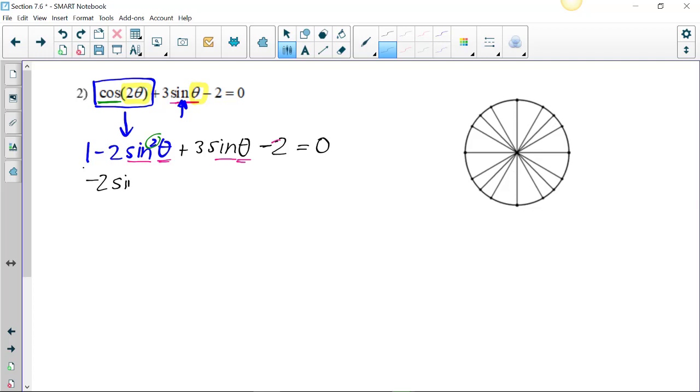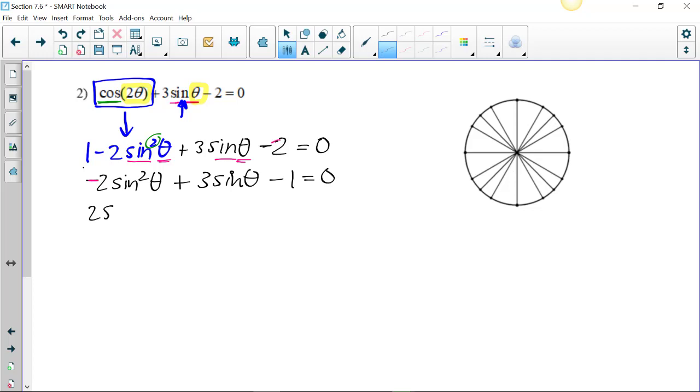Negative 2 sine squared theta plus 3 sine theta. Combine my constants. 1 minus 2 is negative 1. Okay. Now, when I factor or use quadratic formula, I don't really like the leading term to be negative. So I'm going to go ahead and multiply both sides by negative 1 or divide both sides by negative 1, change the signs.